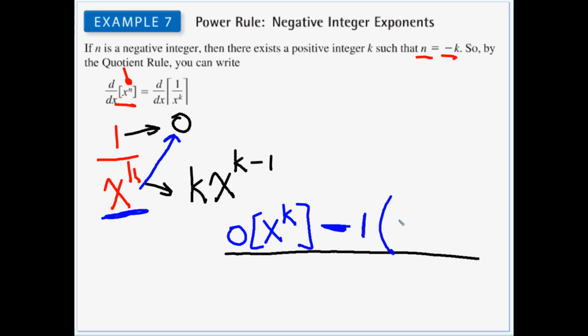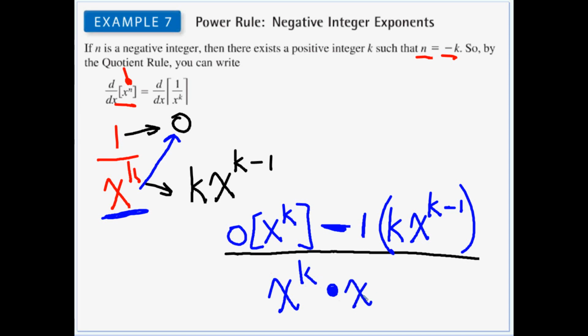We're going to multiply that by the k, x to the k minus 1 power. Low d high minus high d low. We're going to square our denominator. That's going to be x to the k times itself, times x to the k. And what do we do with the exponents if we multiply like bases? We add them. So that's going to be x to the k plus k power, or 2k.